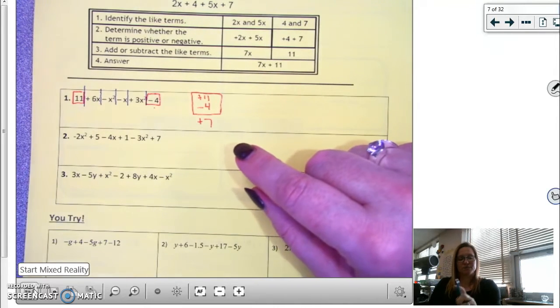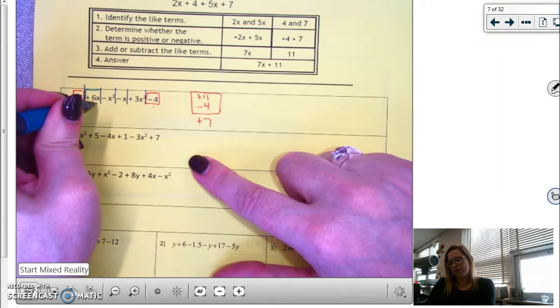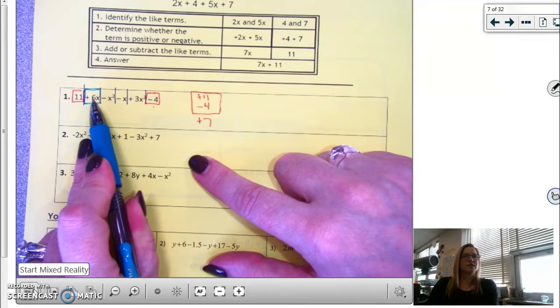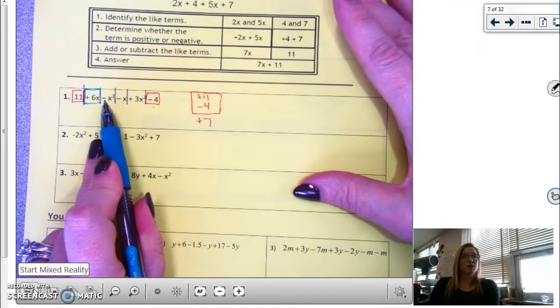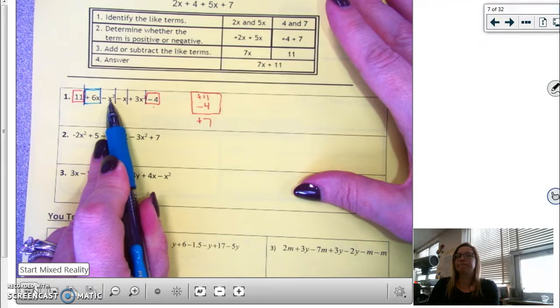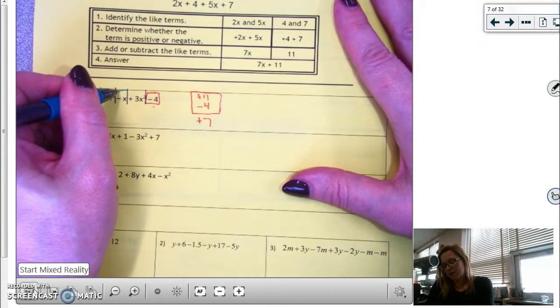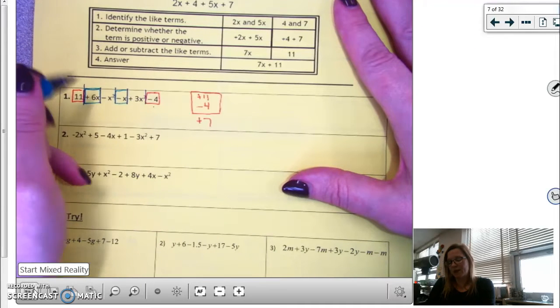Switch your colors, and now put a box around the second term, or whatever the next term is that does not have a box around it. And I have a positive 6x. X's can go only with other x's. So as I look through here, that's an x squared. Nope, can't put them together. Next one, there's an x. But there's no number in front of it. How do I know what to put in the box?